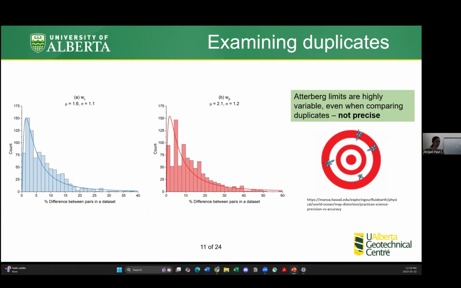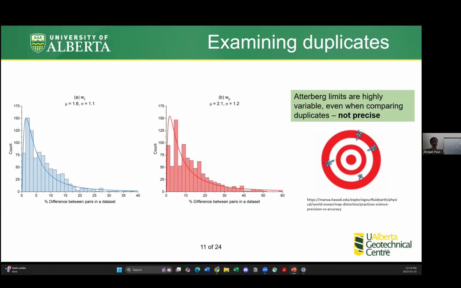So comparing my results to this, it wasn't exactly clear if the difference between two data points in my test where I changed something was significant or was just the result of the measurement uncertainty that can happen between any two Atterberg limits tests.